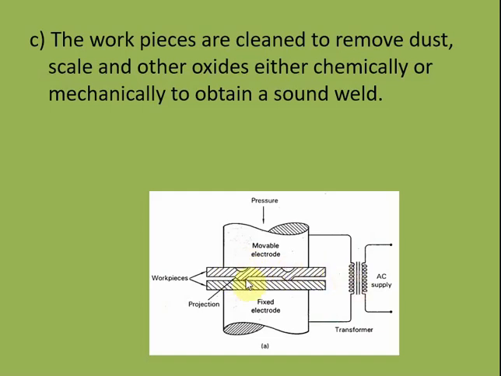Then what happens is, when the high current passes across this workpiece from the movable electrode to the fixed electrode, the current will pass only through these projection points or touching points. Because of the resistance offered by this point of contact, heat will be generated at the contact where the projections are made.